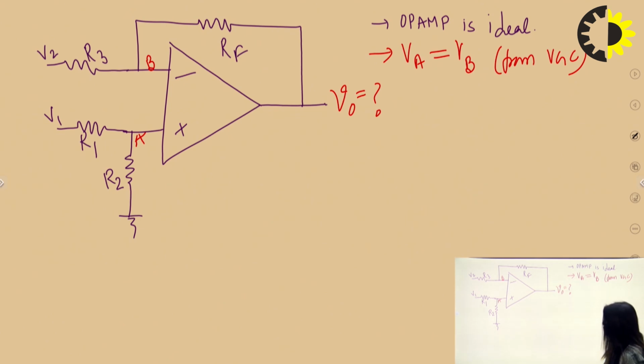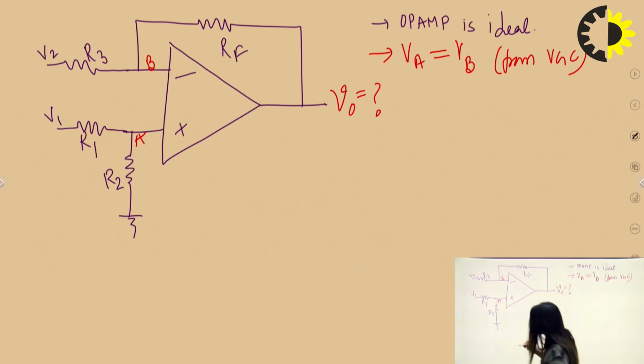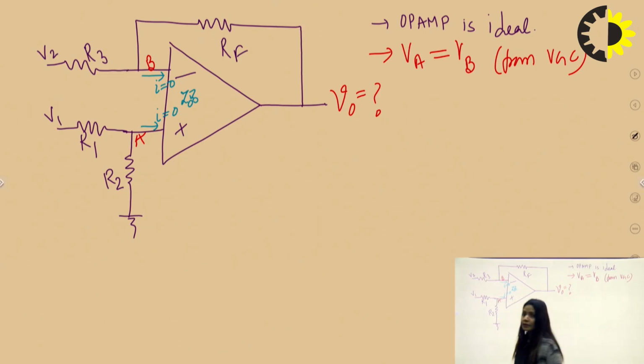So how will we go? Now, if the op-amp is ideal, I told you we have so many things for consideration, and the other thing I will consider is that there is no current going inside the op-amp. No current, because the input impedance is infinite. The input impedance of the op-amp is infinite because I am considering the op-amp to be an ideal one.